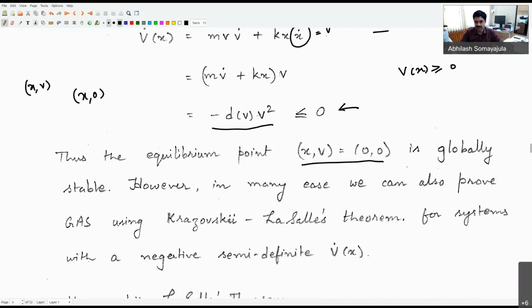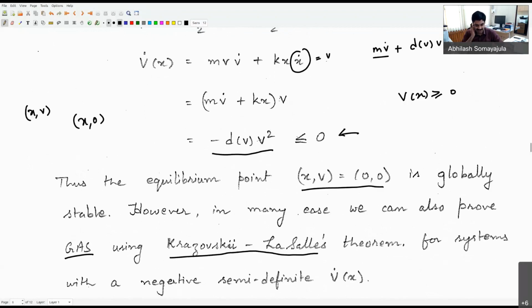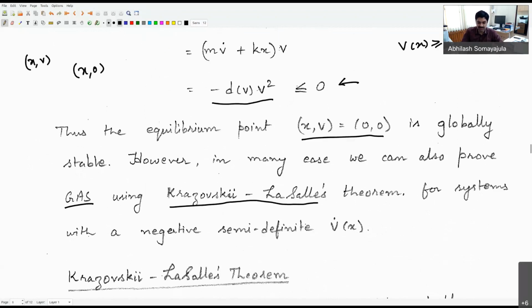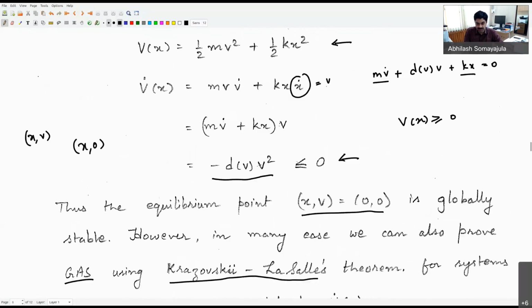However, in many cases, we can also prove globally asymptotically stable systems using what is called Krasovskii-LaSalle's theorem. Okay, and this is looking at a specialized set of criteria. Specifically, we are looking for systems where V dot is negative semi-definite. Okay, just like what we saw here, it is negative semi-definite.